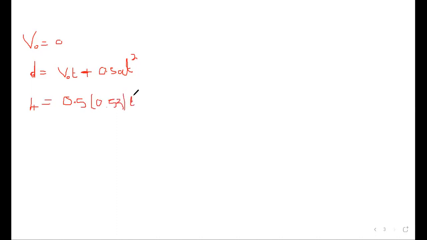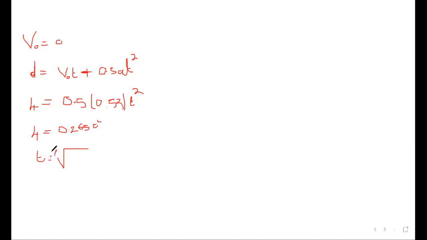We don't know; that is what we are trying to find. When you do your math here, 0.5 times 0.53 gives us 0.265. So 4 is equal to 0.265 t squared.